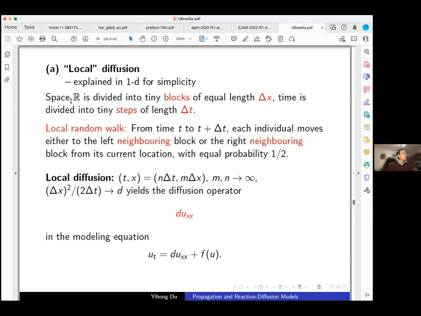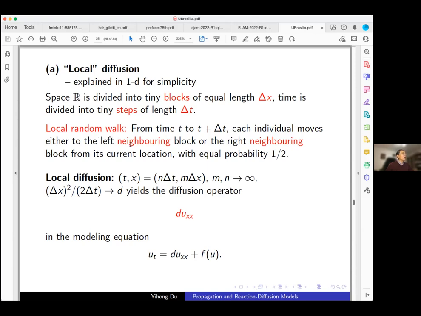Say in dimension 1, you divide the space into small intervals of equal length, and you divide the time into small time steps. And then to derive this diffusion term, you assume that individuals in the population move in space randomly.